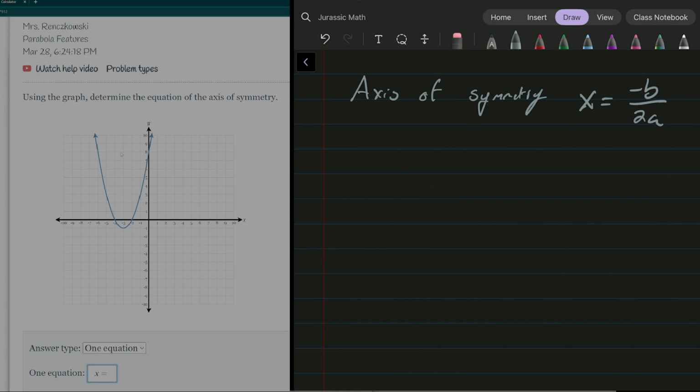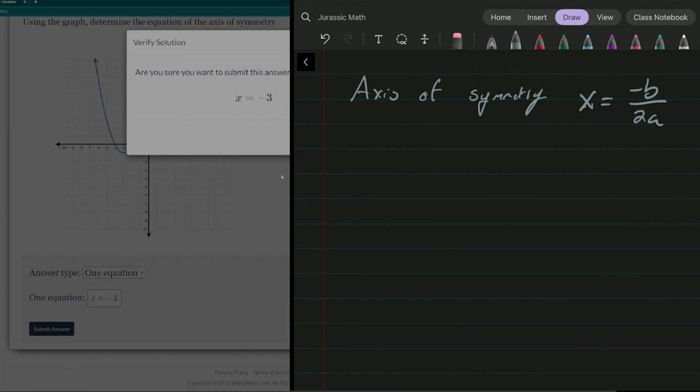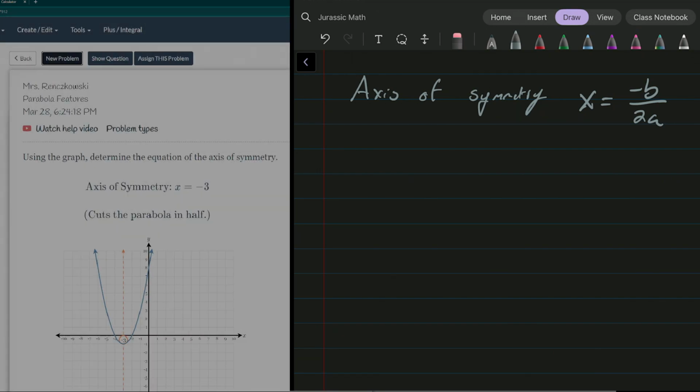Well, I can clearly see that negative 3 on the x would be right here. Unfortunately, my mouse doesn't show up that well. But at negative 3, negative 3 is where this parabola can be folded in half. Hit yes, and there we go. And it even says cuts the parabola in half.